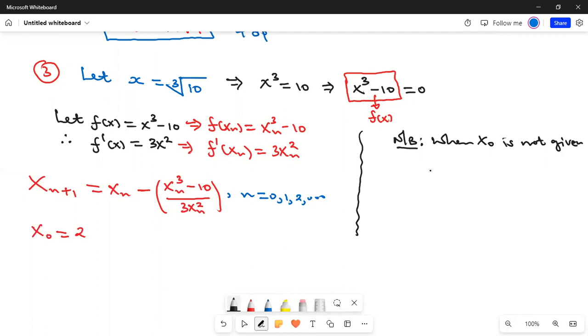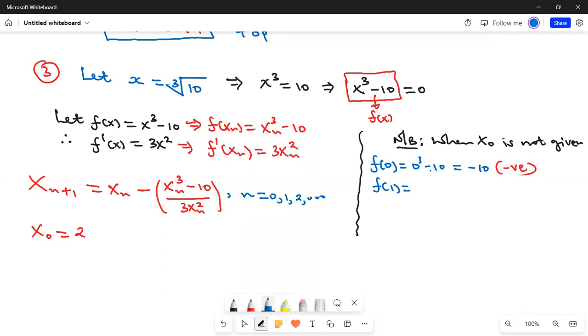Let's see. What is f of 0? That is 0 cubed minus 10. That's negative 10. The sign there is negative. What about f of 1?